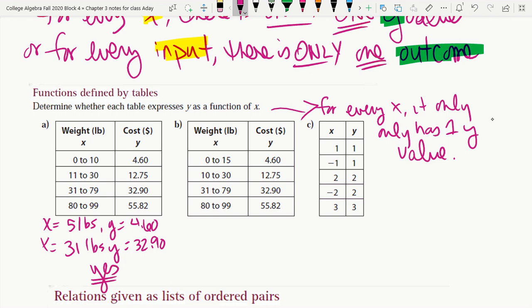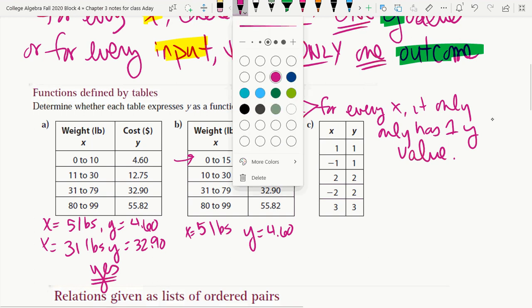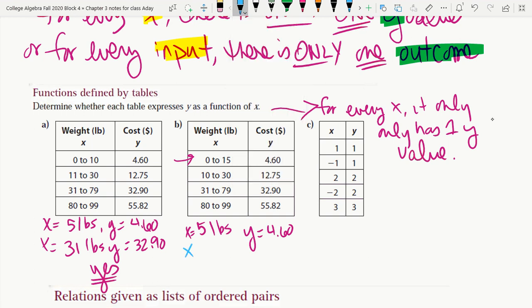The next one, if I let x equal 5 pounds, my y is $4.60. That goes 0 to 15. But when x equals, let's say, 11 pounds, 11's in this one and 11's in this one.